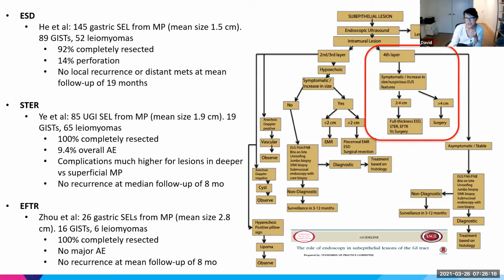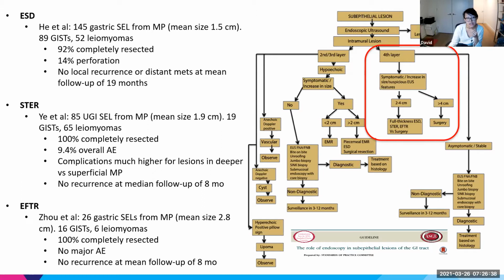The rate of complications, however, was significantly higher for lesions originating in the deeper muscularis propria. This was about 70% compared to the more superficial muscularis propria, which is about 1.3%, and this was statistically significant, with the highest complications occurring for GISTs compared to other tumors in the study.